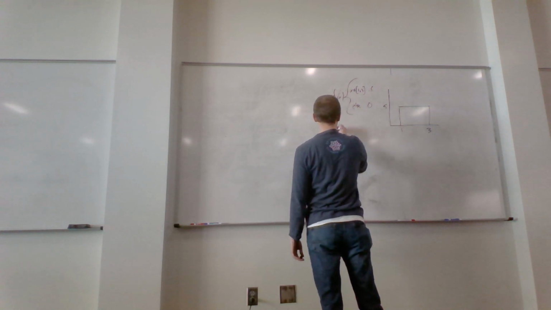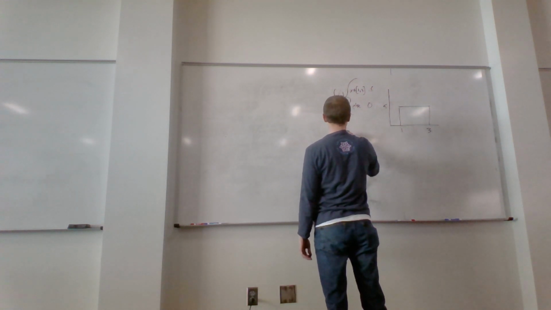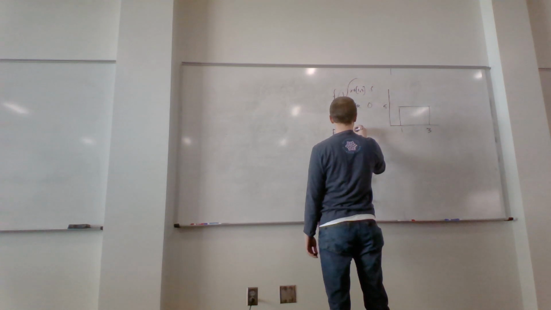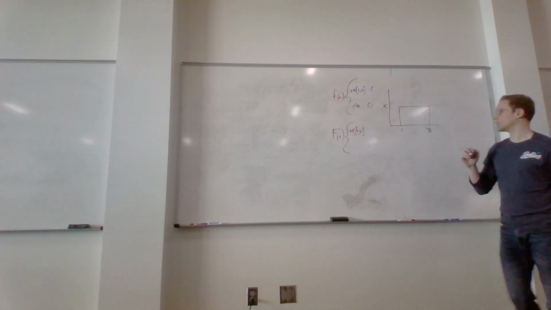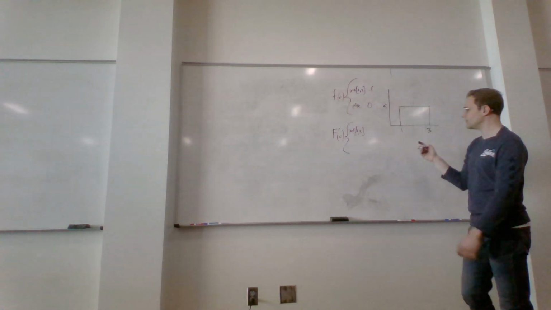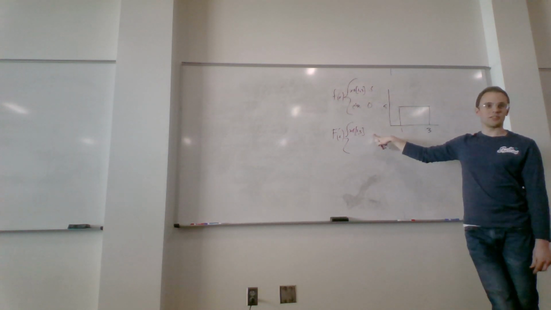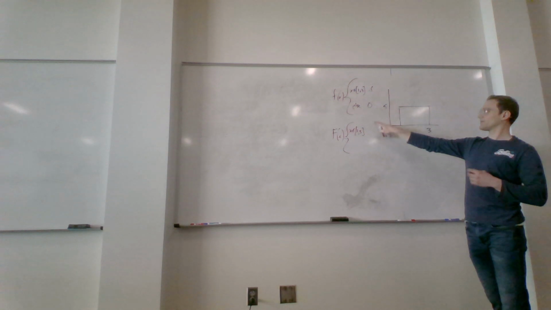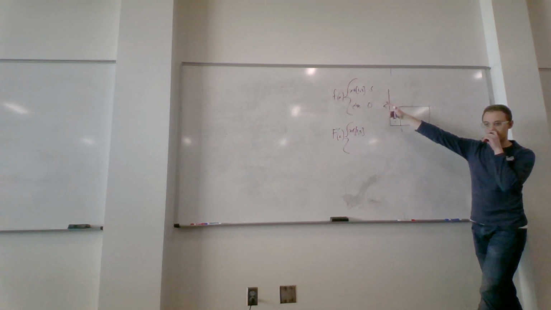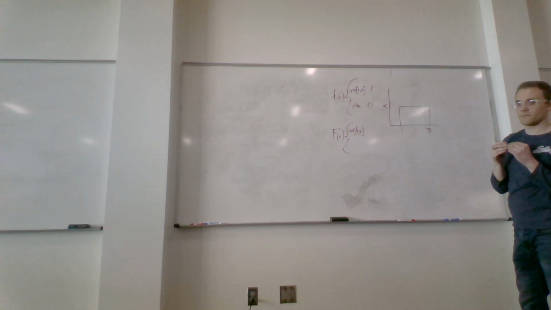Oh, by the way, what would be the CDF of this distribution? Straight line. Yes, it would be a straight line. What would be the exact function? Can you tell me? I think it's x minus a over b minus a.